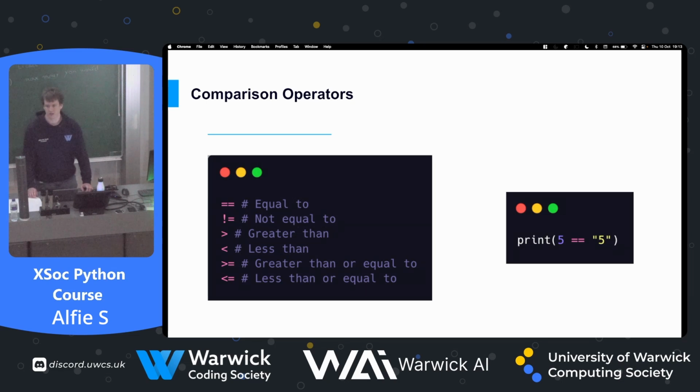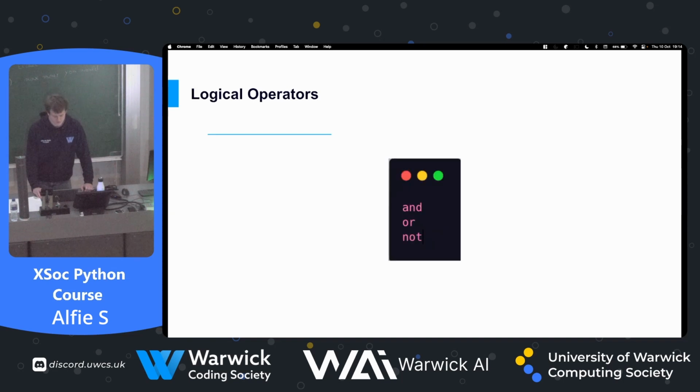For instance, if we have an integer and a float, and we want to say, is 5.5 greater than 3? This will work. But if we want to say, is 5.5 greater than a string of 3, it doesn't know what to do, because it doesn't know that a string of 3 is a 3. It just knows it's a string. So that's just an interesting example I wanted to highlight.